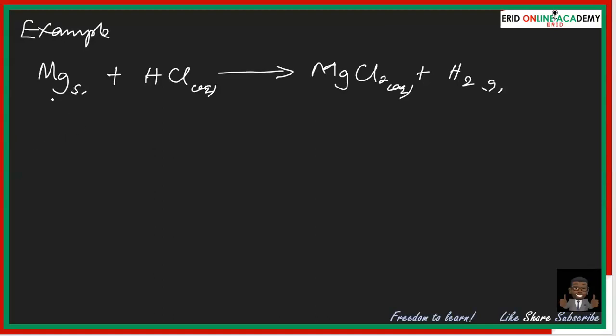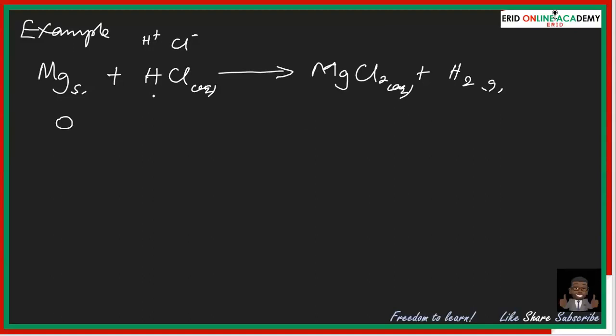If you look at this magnesium, what charge is it carrying? It's carrying the charge of 0, right? Here, hydrochloric acid is aqueous, so it is H+ and Cl-. That is you writing the ionic equation for a particular reaction.